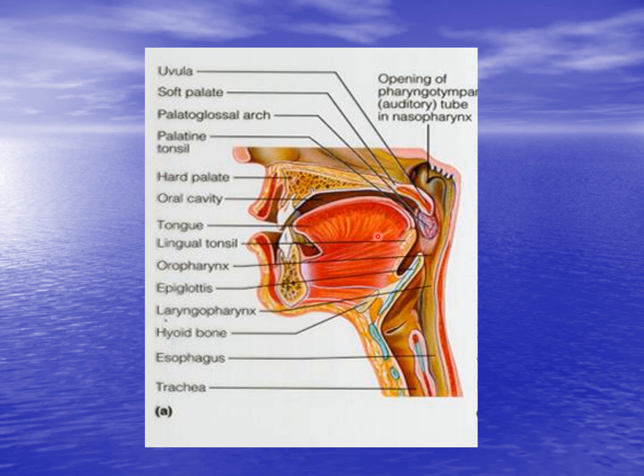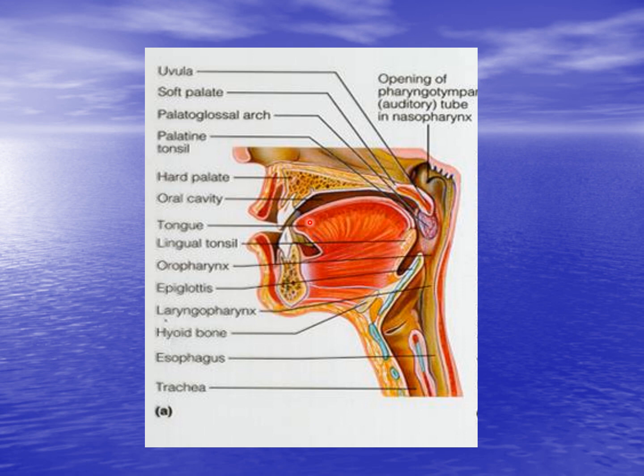Also, if you look here, behind the tongue, there is a cartilage. This bluish cartilage belongs to the cartilages of the larynx. This is called the epiglottis. It lies behind the tongue.